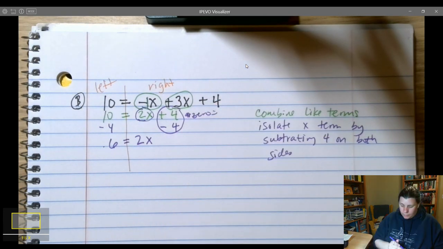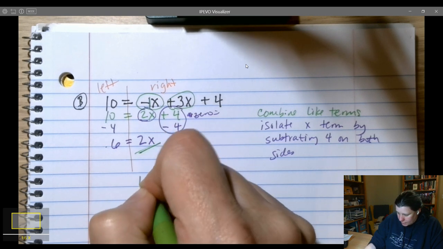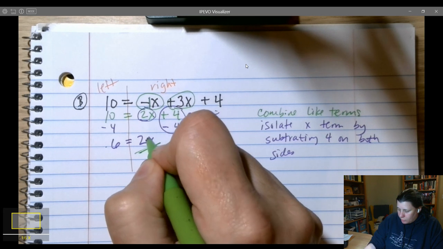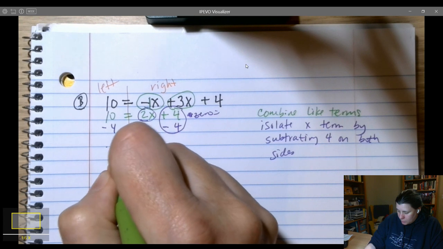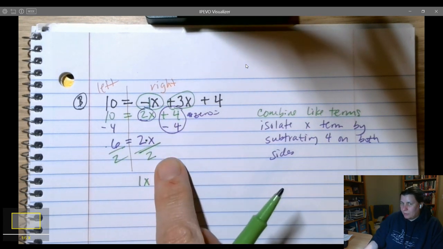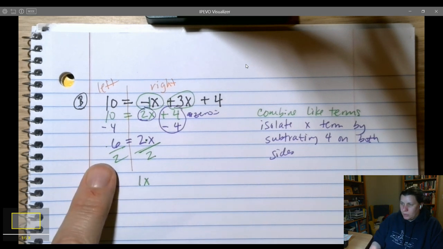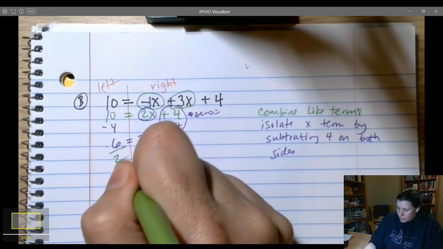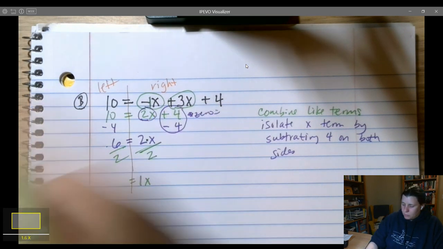Cool. And then the last thing I'm going to do, I want to get 1x. So 2 times x, the opposite or the inverse of multiplication is division. So instead of going 2 times x, I'm going to divide both sides by 2. Notice I'm not dividing by 2x. If I divided by 2x, I'd get 1. I don't want 1. I want 1x. Also, I'd have x in the denominator over here. That's a mess. I don't want that. So 6 divided by 2 is 3.